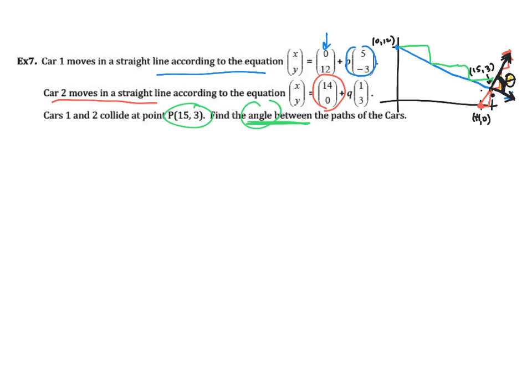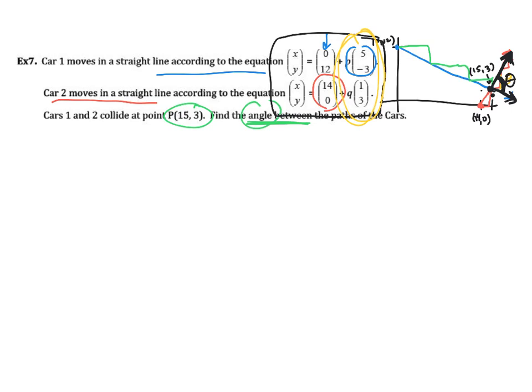So how can we get that angle? Well, remember, in order to get an angle, you need two vectors. What are the vectors going to be? They're going to be from this intersection point going this direction, and from this intersection point going this direction. So in these two vector equations, what part helps us establish what vectors we need to use? Hopefully you're saying to yourself, it's just my velocity vectors.